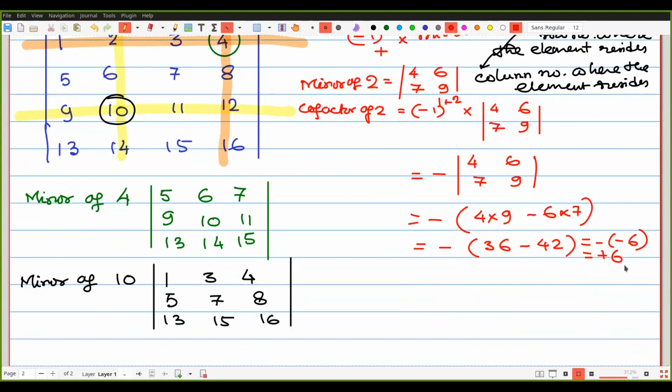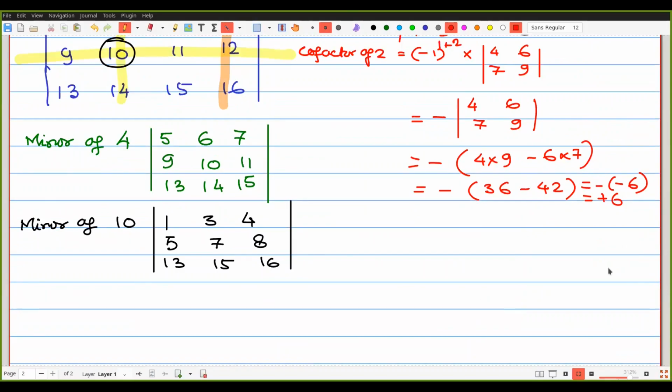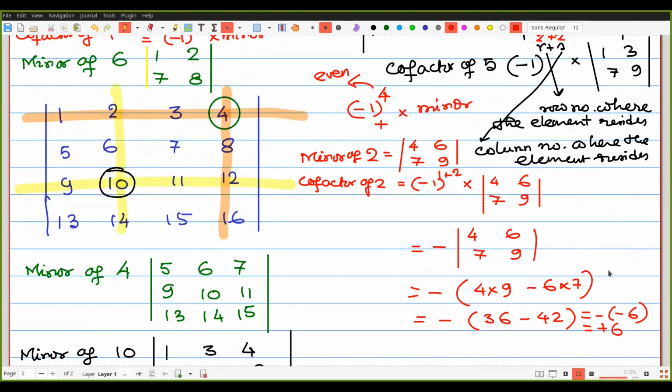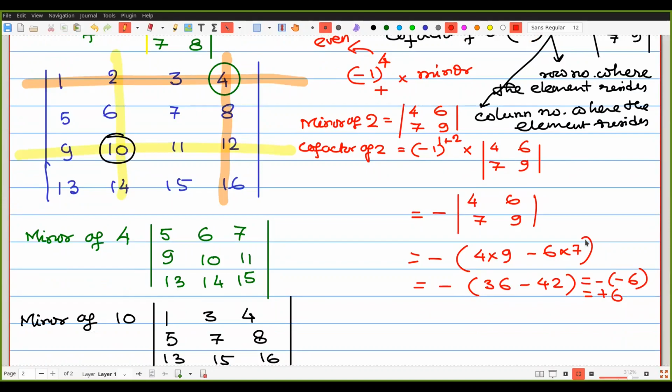Okay. Now for the 4 cross 4 determinant. Suppose here we are proceeding with the element 11. So what is the minor of 11? If we consider that row and that column, we remove them, and we get 1, 2, 4, 5, 6, 8, 13, 14, 16.